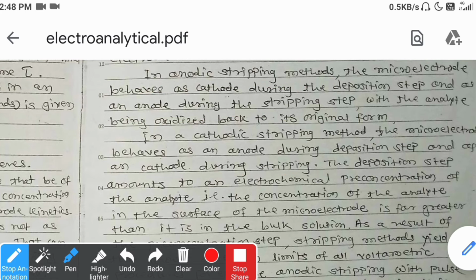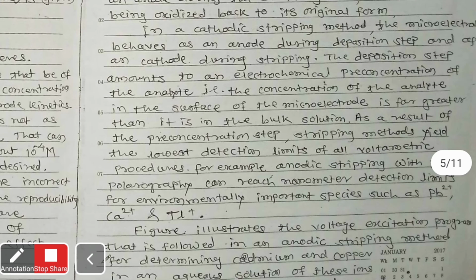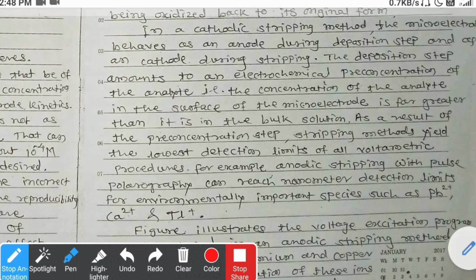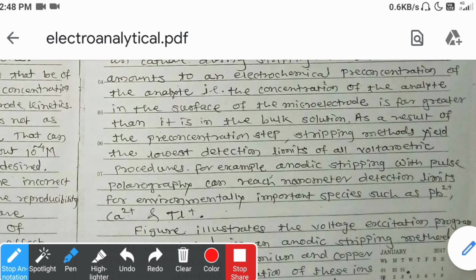The amount of electrochemical deposition depends upon the concentration of analyte. So how much of the ions are present in the analyte, that only gets deposited onto the electrode surface. During the pre-concentration step, the lowest detection limits are achieved, of about 10 raised to minus 10.